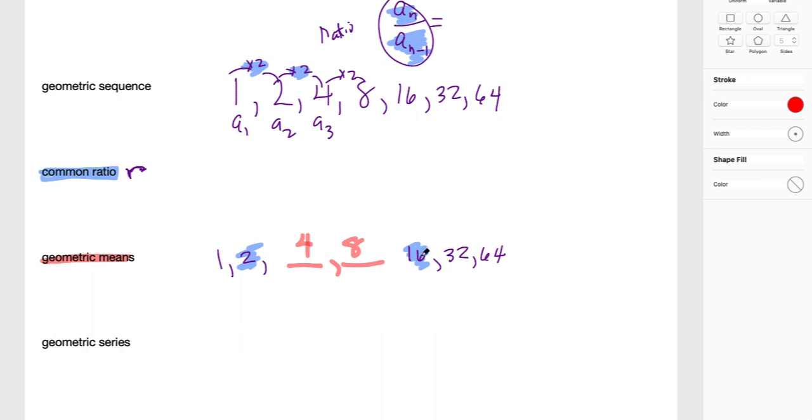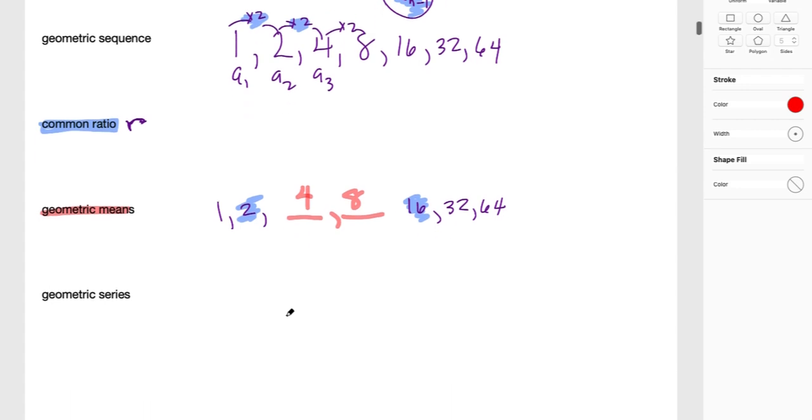And it could be more. I could have talked about 2 and 64 and had 4, 8, 16, 32, whatever. But these two would be considered the geometric means between 2 and 16. Very similar to what we talked about last time.